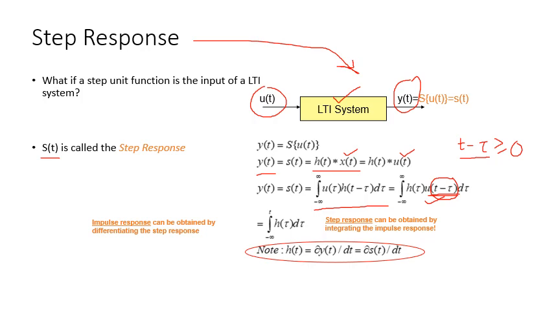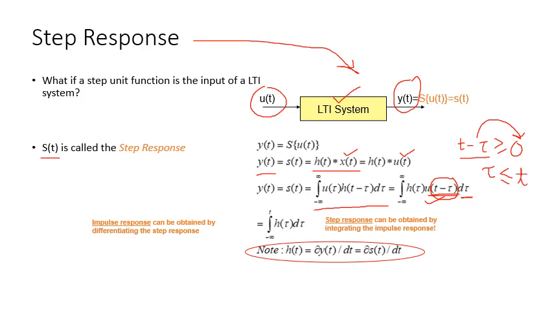Now we are taking the integration in terms of tau, so we will represent this condition in terms of tau. If I take tau to the right hand side of this inequality, it becomes tau less than or equal to t.